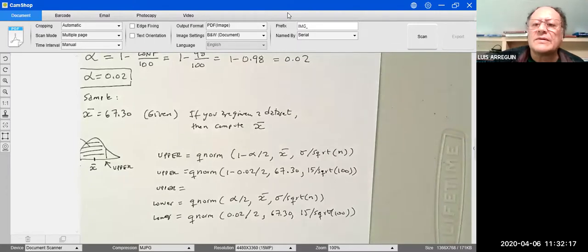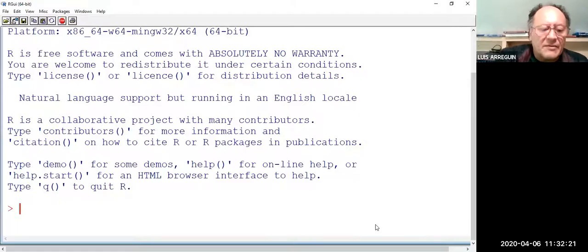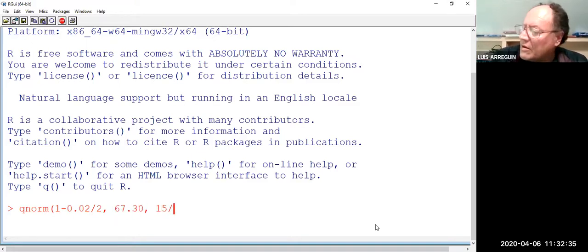So let's change to the R console. I have Q norm of 1 minus 0.02 over 2 comma 67.30 comma 15 over the square root of 100.